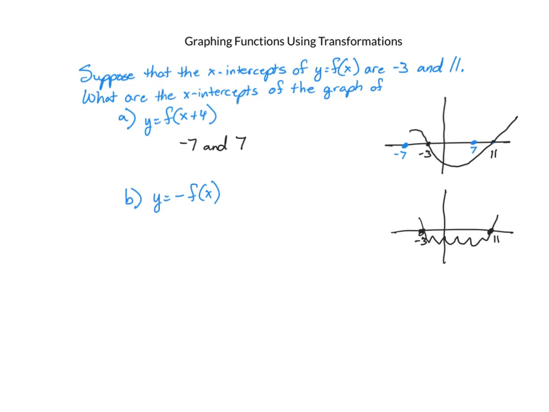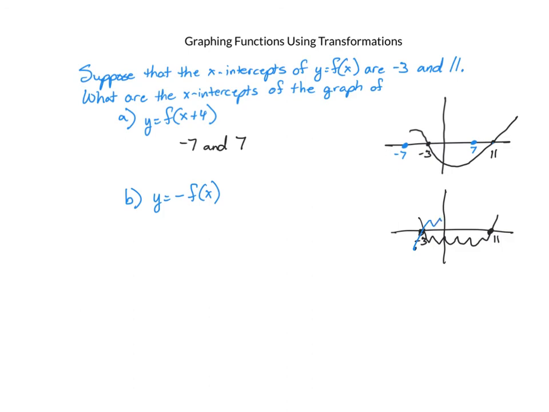What does this negative do? Remember, it's a reflection across the x-axis. So our graph is transformed this way. My points up here will come down here. Oops, let me change to blue. And it will come up and down.